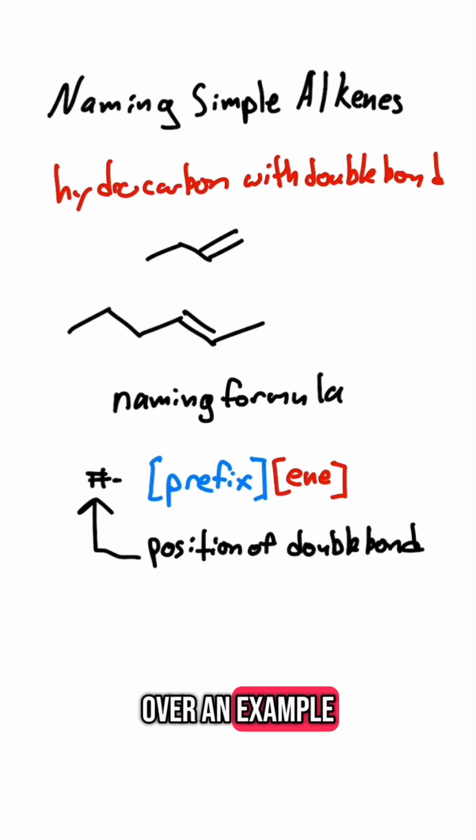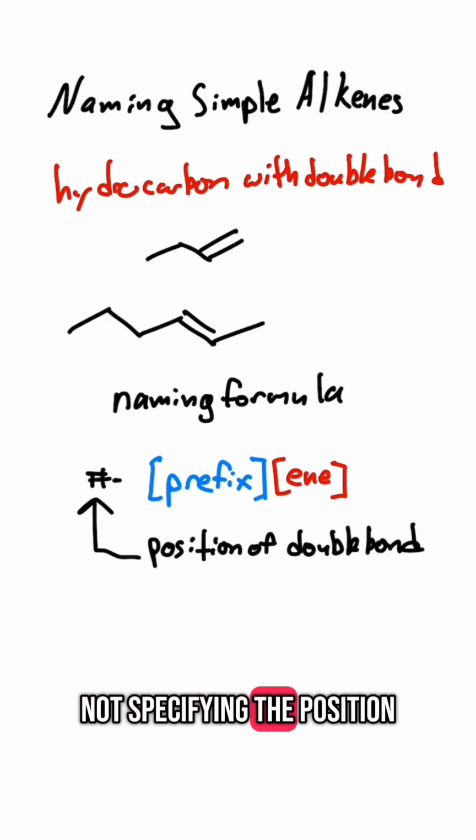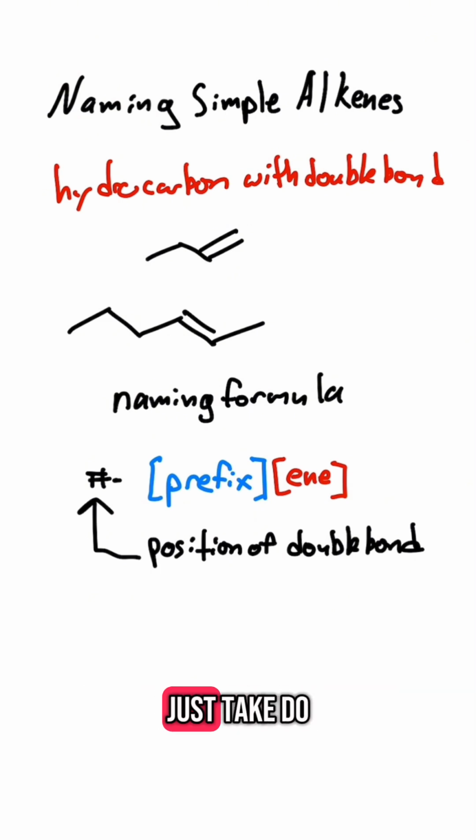I'll go over an example after this. But say you're not specifying the position, what you can just do is take the alkane name, lop off the "ane," and throw in "ene." But usually you do need to specify where that double bond is, so that's where the number comes in.